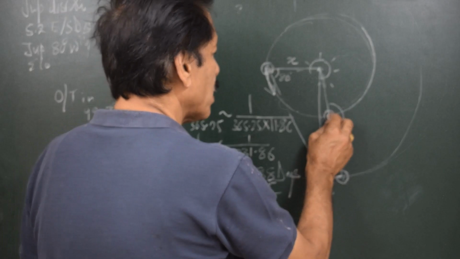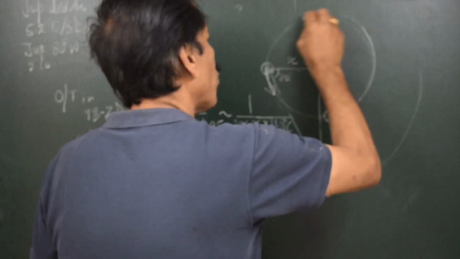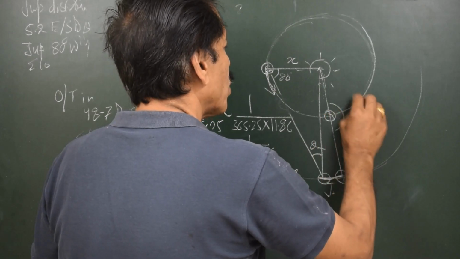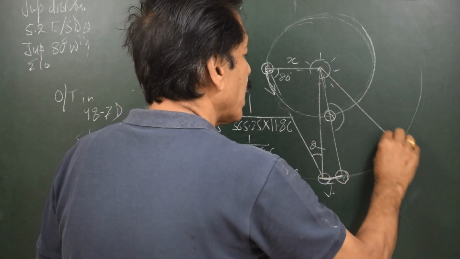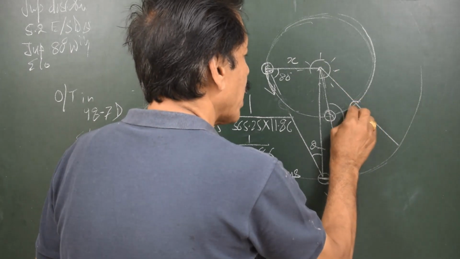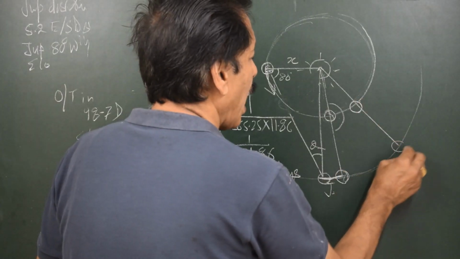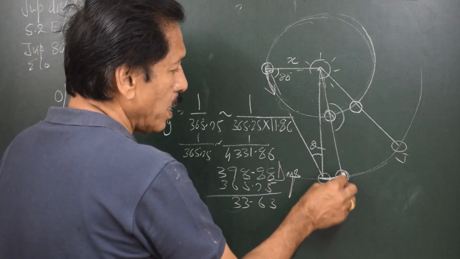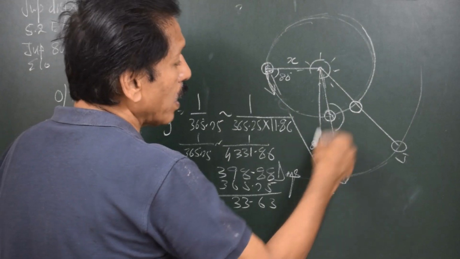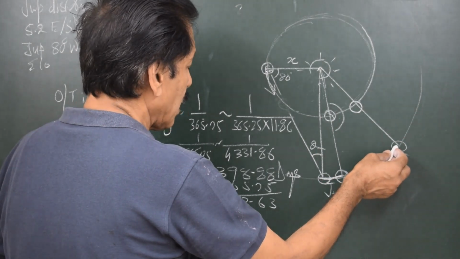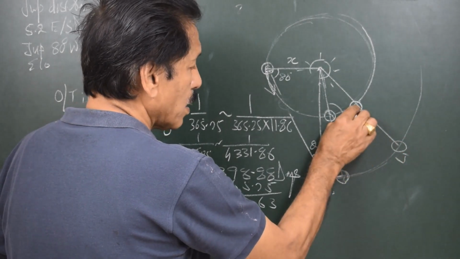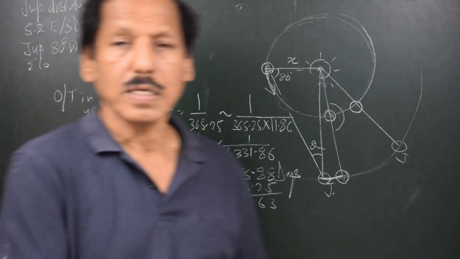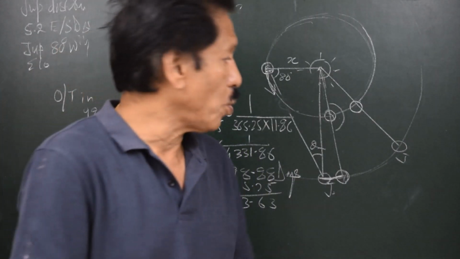The Earth would complete one revolution and reach here, and thereafter the Earth has to move by about 33 degrees, and once again you will find the Earth here and Jupiter here. So while there was one opposition here, there will be another opposition after 398 days, where the Earth is over here and Jupiter is over here. So this is the synodic period of Jupiter.